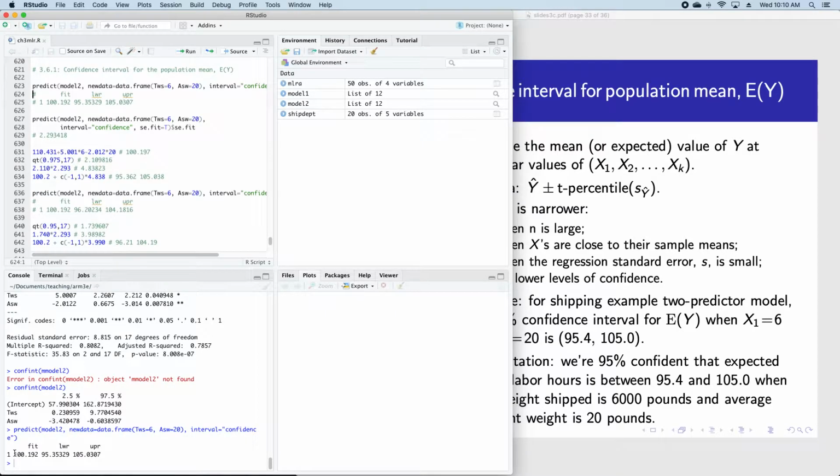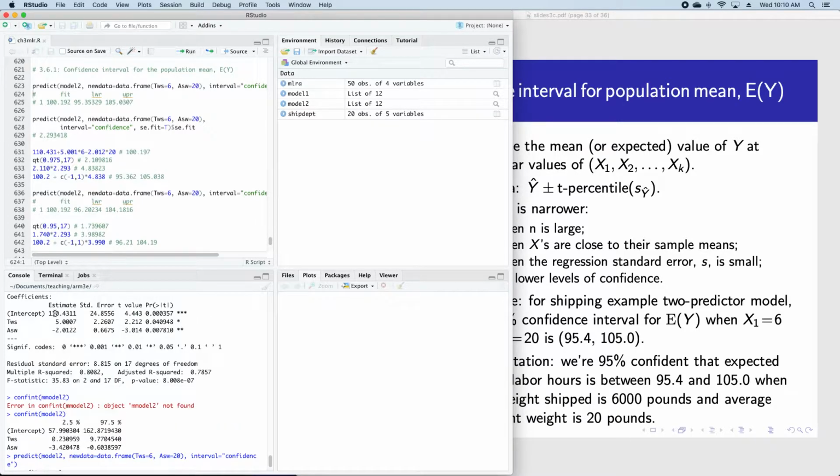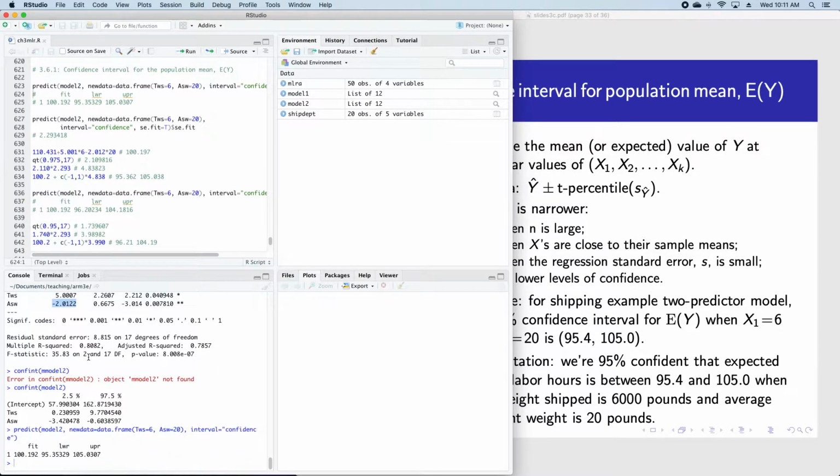So it tells me what y hat is, the fitted value. That would be the value you get if you plug in TWS equals 6 and ASW equals 20 into the estimated regression equation, which remember was given by these numbers here in the coefficients table.